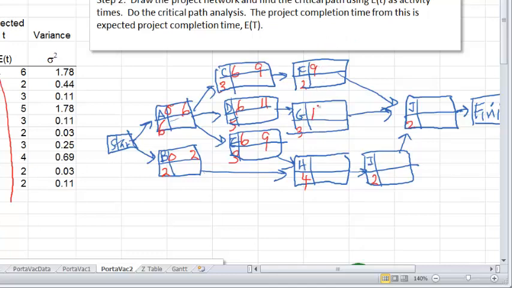So 9, 11, and 9 plus 2 is 11, 11 plus 3 is 14, and here we have two predecessors, with a 2 and 9. Pick the higher value, and then plus 4 is 13, and for I, we have 13 plus 2 is 15, and J has three predecessors, 11, 14, 15. Highest value goes here, then 15 plus 2 is 17. Okay, so that was a forward pass.